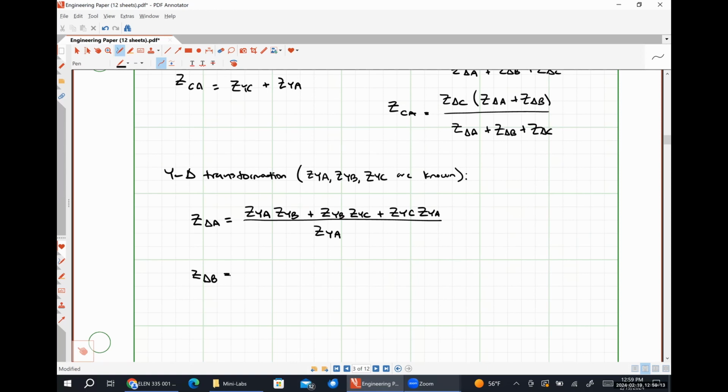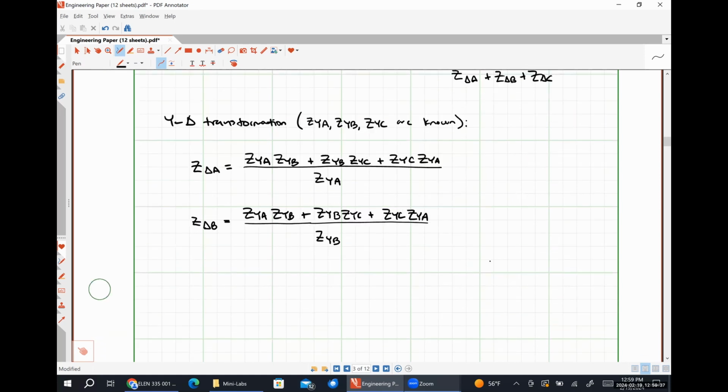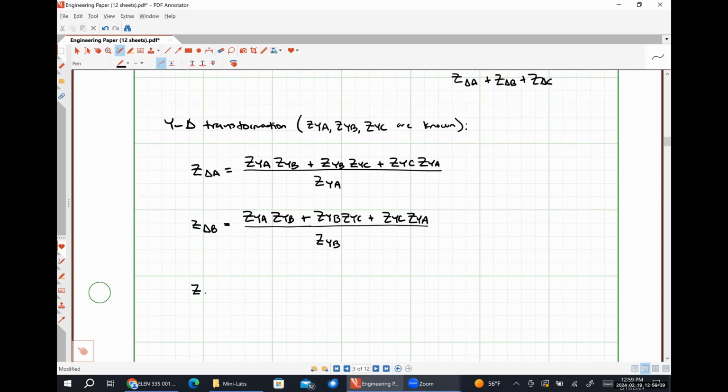Z delta B is going to be the exact same numerator, divided by ZYB. And Z delta C is going to be the exact same numerator, this time just divided by ZYC.